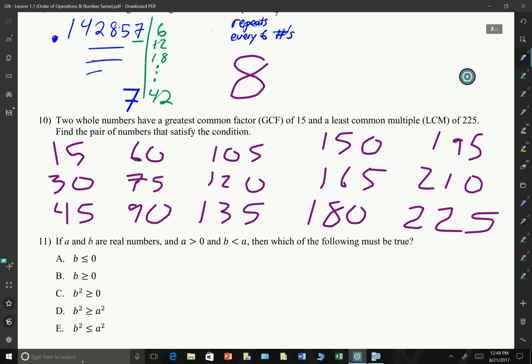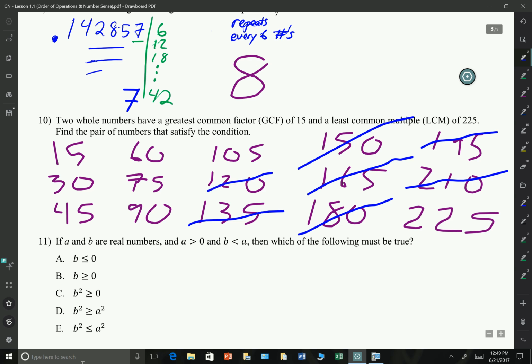No. I mean, 210 times 2 is 420. 195. If I list out the multiples of 195, is that going to give me 225 at all? No. 180? No. 165? No. 150? No, because 150 times 2 is 300. 135 times 2 is 270. Notice, though, it's getting smaller, isn't it? You're approaching what number? 225. So you're starting to see that somewhere over here has to be it. 120 times 2 is 240.